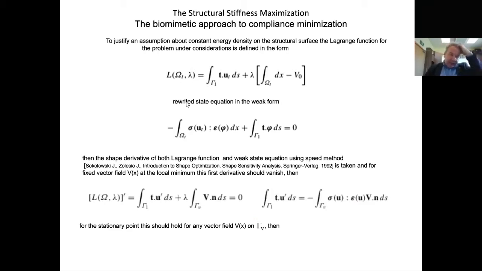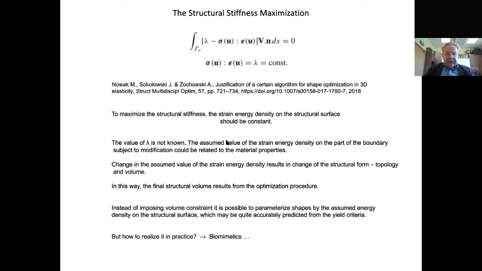Then we rewrite the state equation in the weak form, and we want to take the shape derivative of both this equation, and then assuming that at the stationary point this equation should hold for any vector field V(x) on gamma V, we can conclude that for the stiffest design, so to have fulfilled the stiffest design assumption, the strain energy density here along this gamma V surface should be constant.